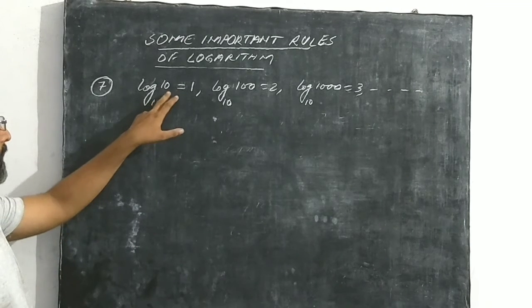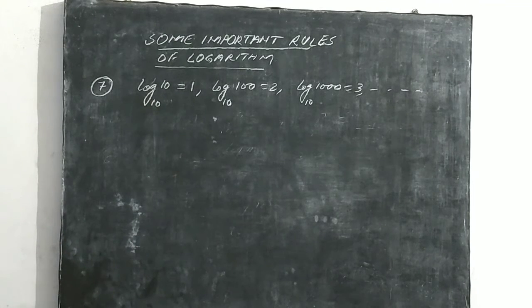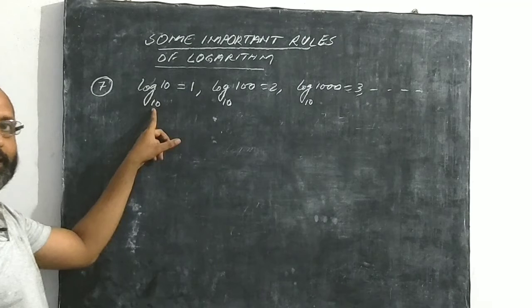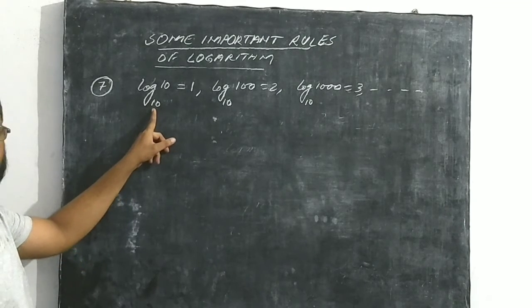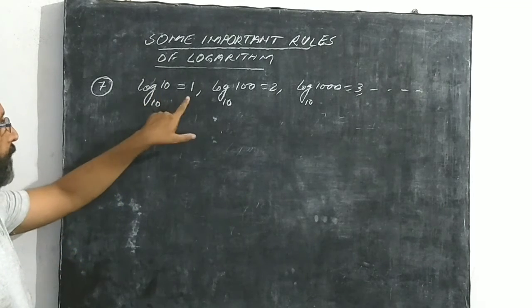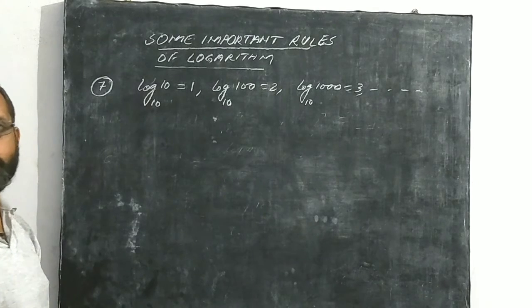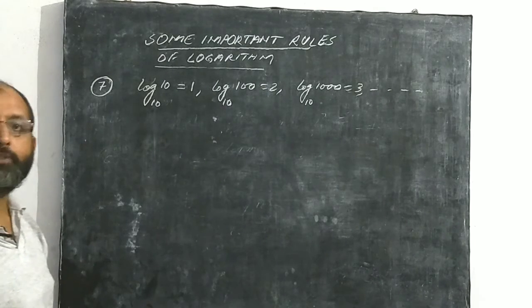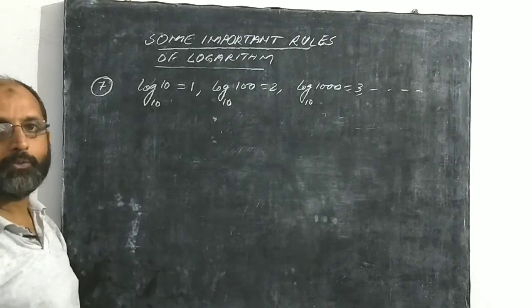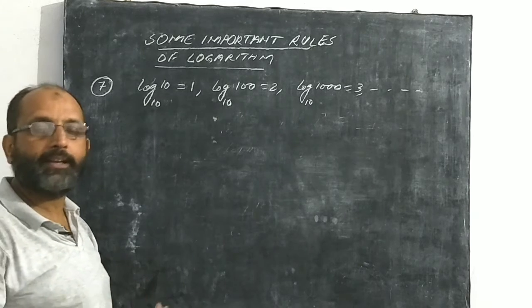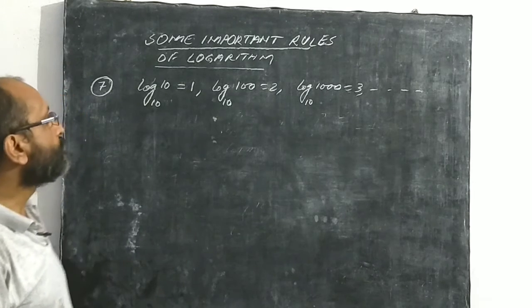If we are taking the log of any multiple of 10 with base 10, its value is equal to the number of zeros in that multiple of 10. It may be 100, 1000, 10,000, 1 lakh, 10 lakh, and so on.